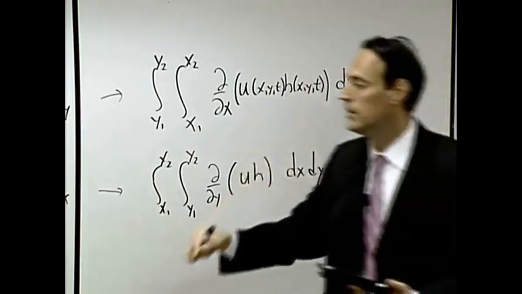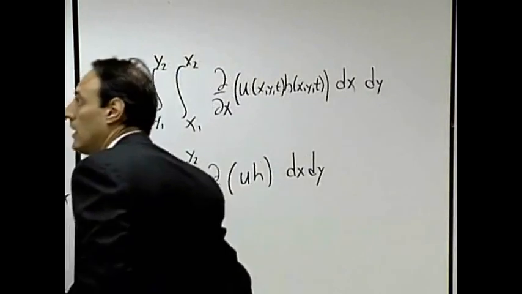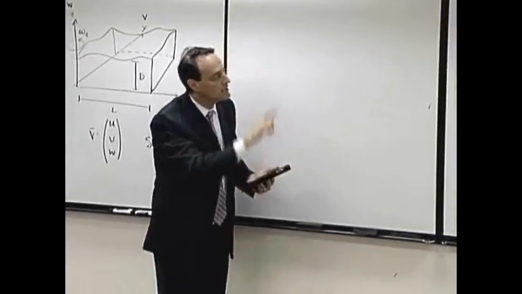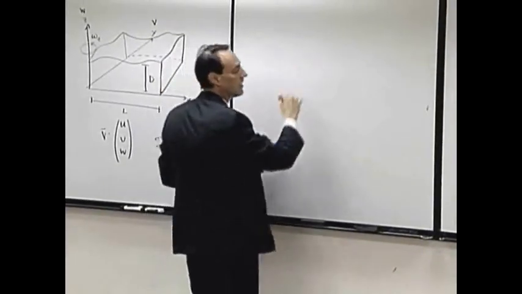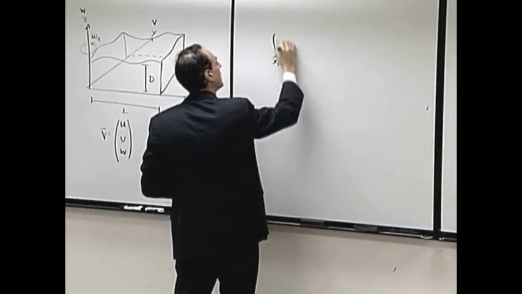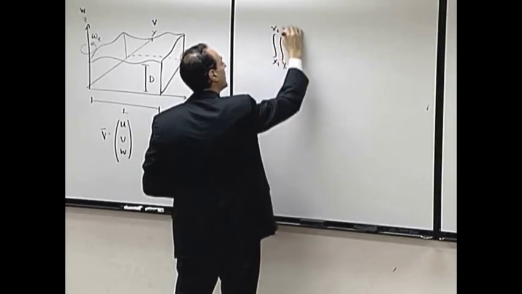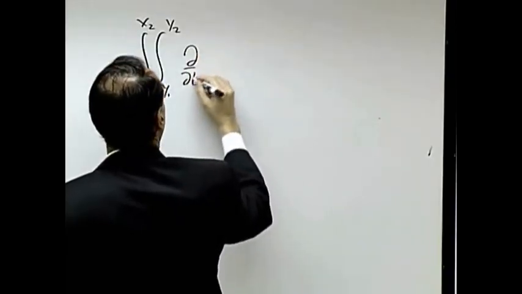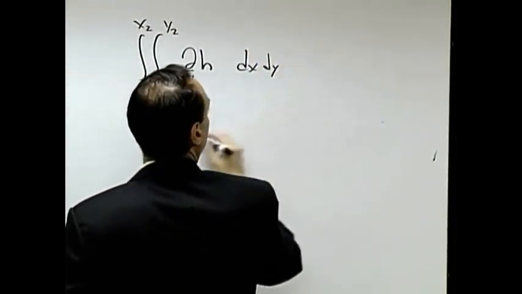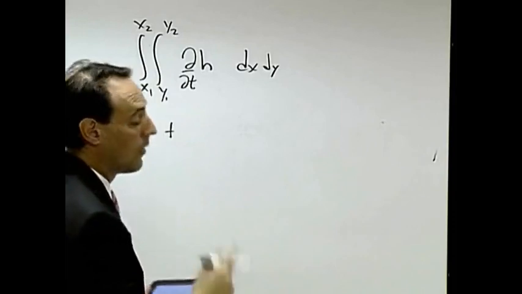Let's go back to this board now and rewrite what we have. In the first equation, I have d dt of two integrals there. In fact, I can take the d dt in. So what I get is the double integral over x1 to x2, y1 to y2 of d dt of h, dx dy, plus the second term.